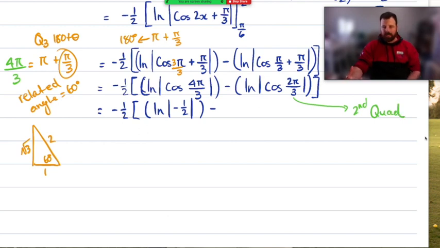Because we know it's in the second quadrant, cosine is negative in there, and in the second quadrant we have 180, or pi, minus our angle. 180 minus 2 pi on 3 is pi on 3.